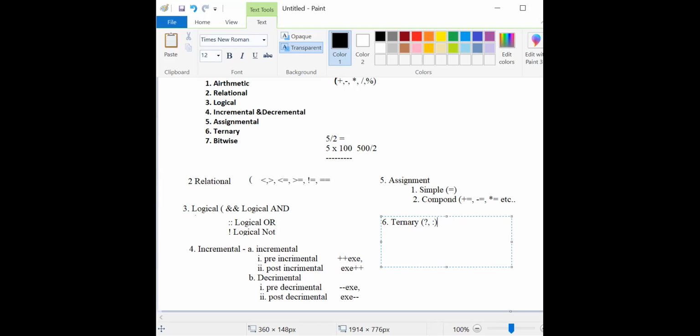Whenever you assign values, you use this type of condition for checking whether a value is small or big.